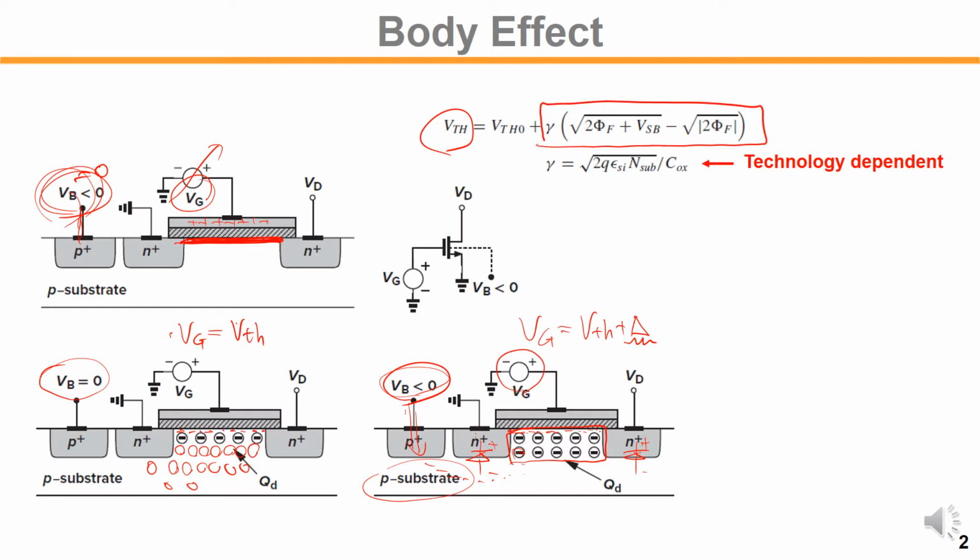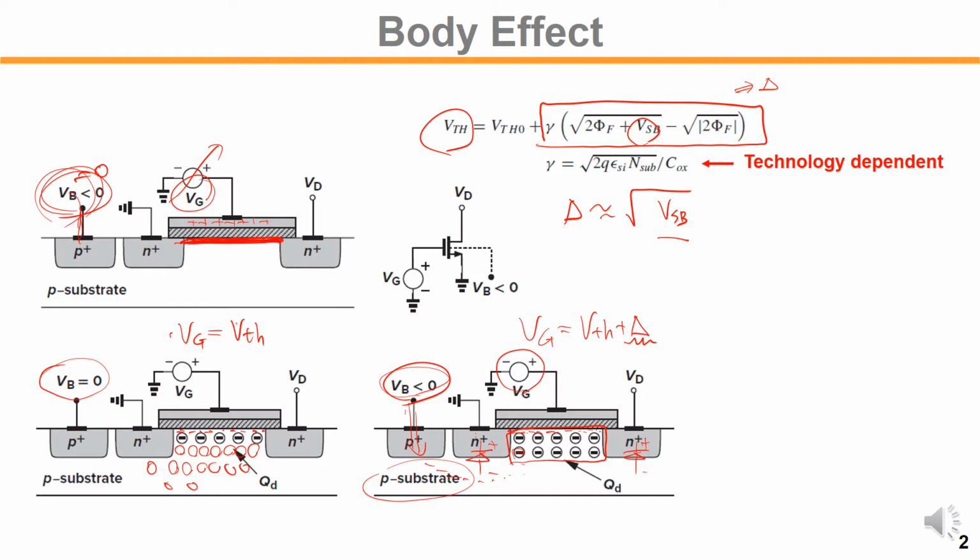This is the additional delta voltage that varies the threshold voltage. That is a function of a square root here, so delta is approximately proportional to VSB. So if you have a larger VSB, then VTH increases.